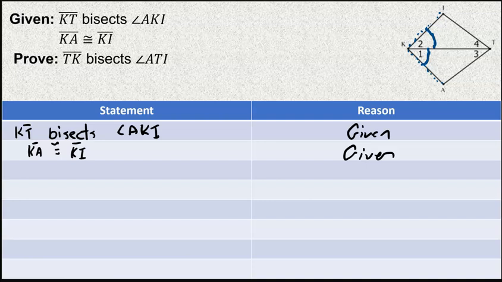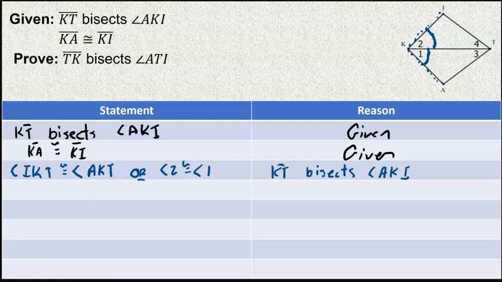I have two ways I can write that angle. I could say angle IKT is congruent to angle AKT, or you don't have to write both. I can write angle 2 is congruent to angle 1. That is entirely up to you.